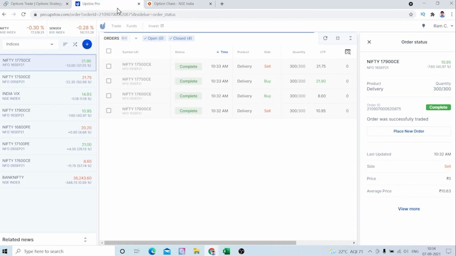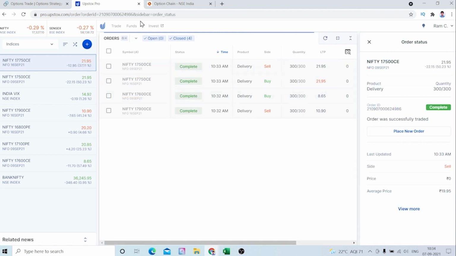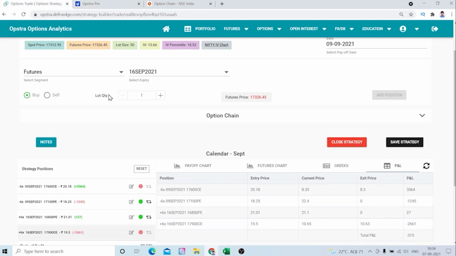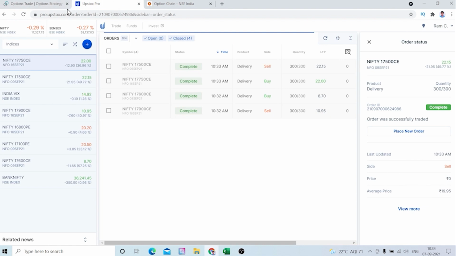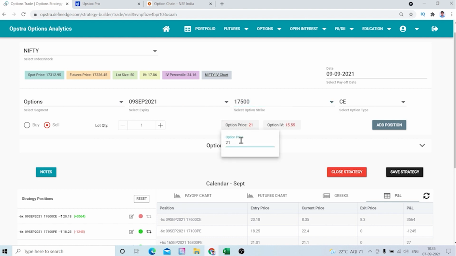So fresh positions, we will enter as well so that we can track the entire trade using Astra. You can use your Excel or any other tool for monitoring, because these kinds of trades may require many adjustments. So using our trading account, we may not actually track and we may not understand how much profit or how much loss we are getting.